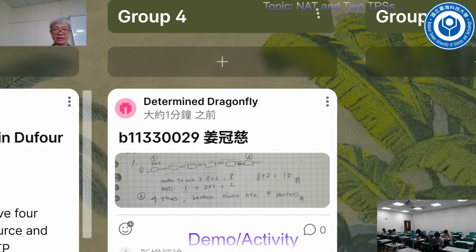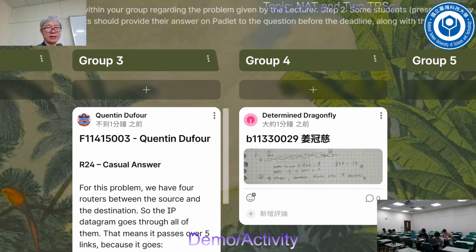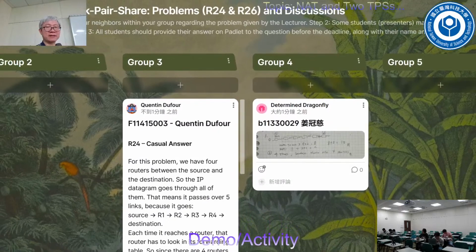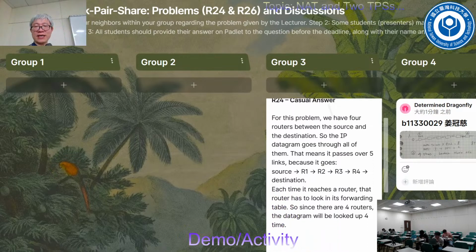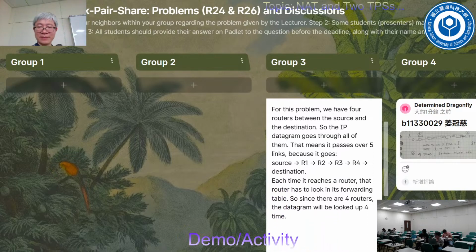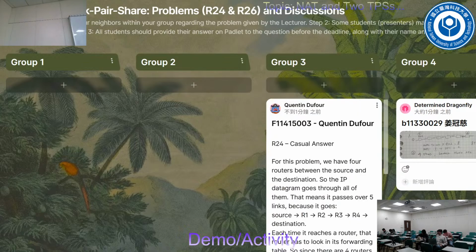So this is the idea shared by Guanzi, talking about the first one. And actually, we have some answers from students online. And let me check the answer from Quentin. At least for the second subproblem, maybe same as Guanzi's answer.